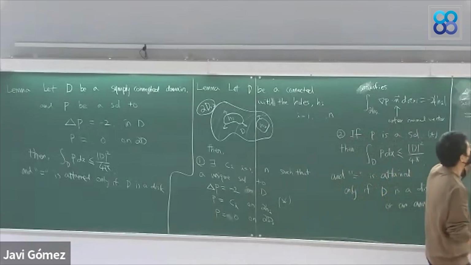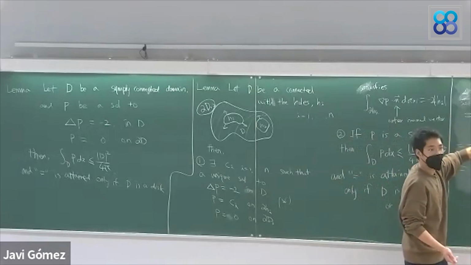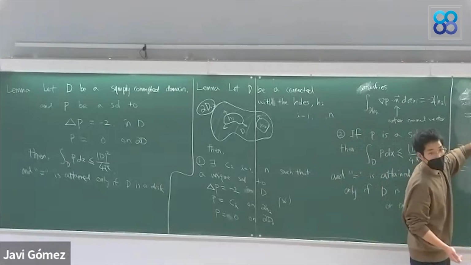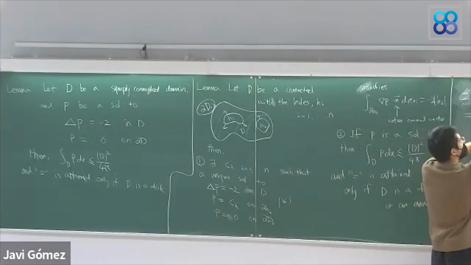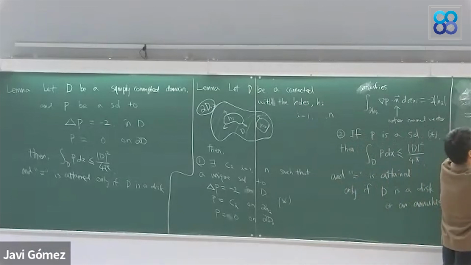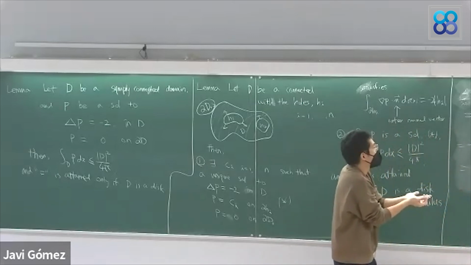Whenever we have a normal vector on the boundary integral, that is always the outer normal with respect to the domain. So here this n is the outer normal with respect to the hole. So this negative n is going to be the outer normal with respect to the domain patch D, but inner with respect to the hole.